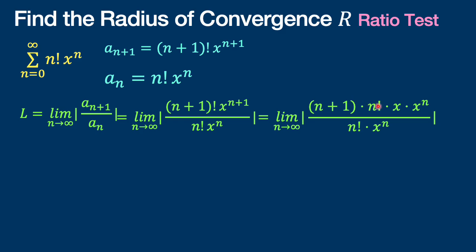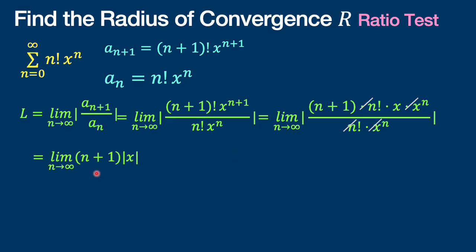We can simplify this form. n factorial cancels out, x^n cancels out.